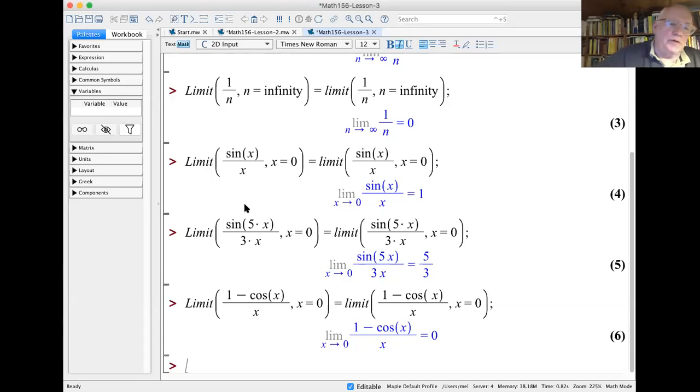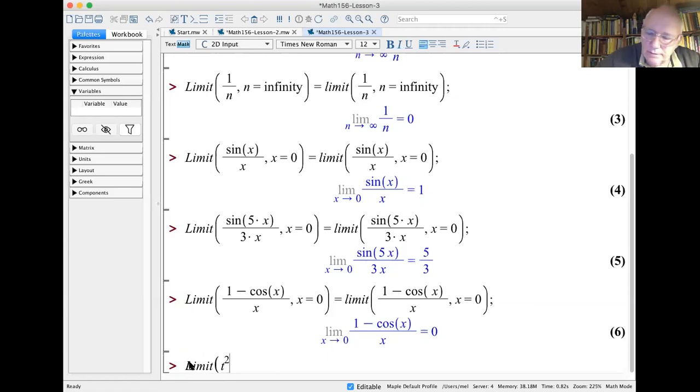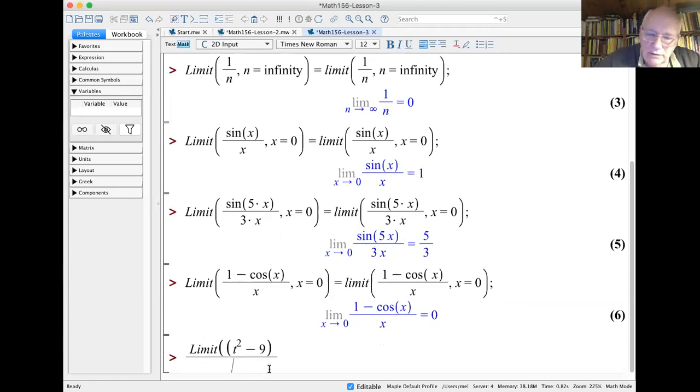There are some typical problems from Math 176. The limit of, for example, t squared minus 9. I want to have that in the numerator, so I need to put parentheses around that. Divided by t plus 3.